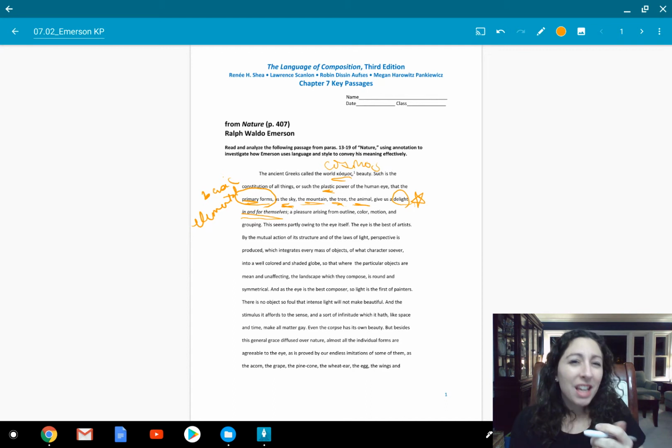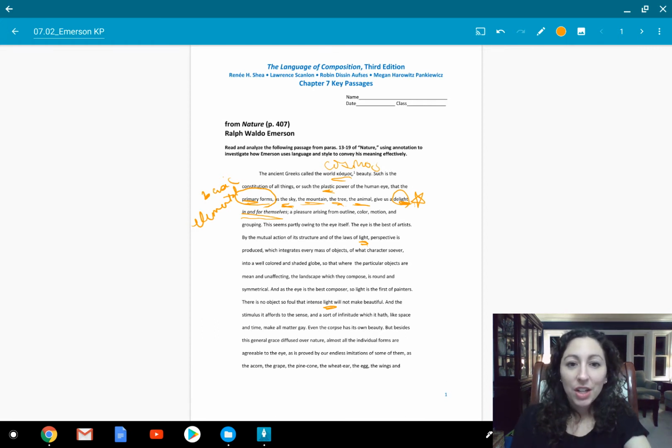And even, this might be a bit of a stretch, I don't know, the fact that you have the word light within delight. And he goes on later to talk about, he refers to light several times. So the laws of light, you can actually see the word just kind of popping out there. I don't know if that's too much of a stretch, but I think it's an interesting way of repeating the word light.